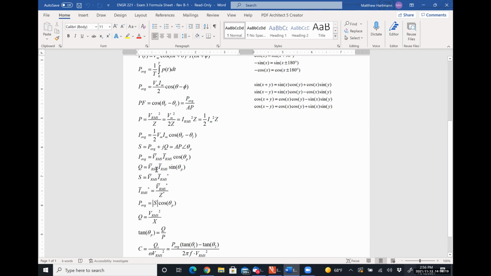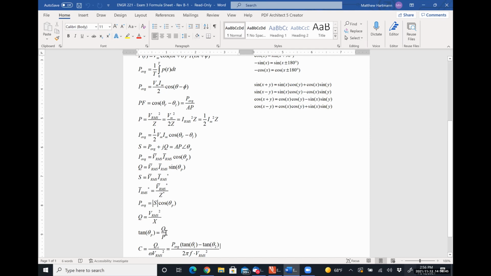Average power, reactive power, complex power, Ohm's law. A third way to calculate the average power. A way to calculate the reactive power based on the reactance of the element, which we barely talked about.